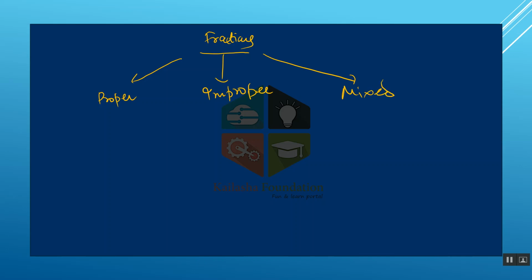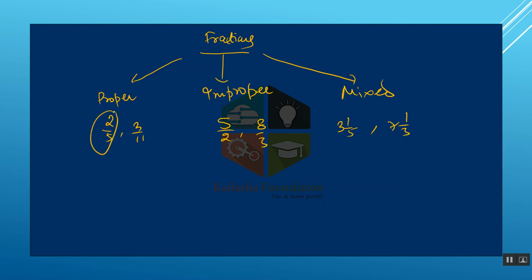Examples: 2 by 5, 3 by 11, 5 by 2, 8 by 3, and 3 1 by 7, 3 1 by 5, 7 1 by 3. These are mixed fractions.